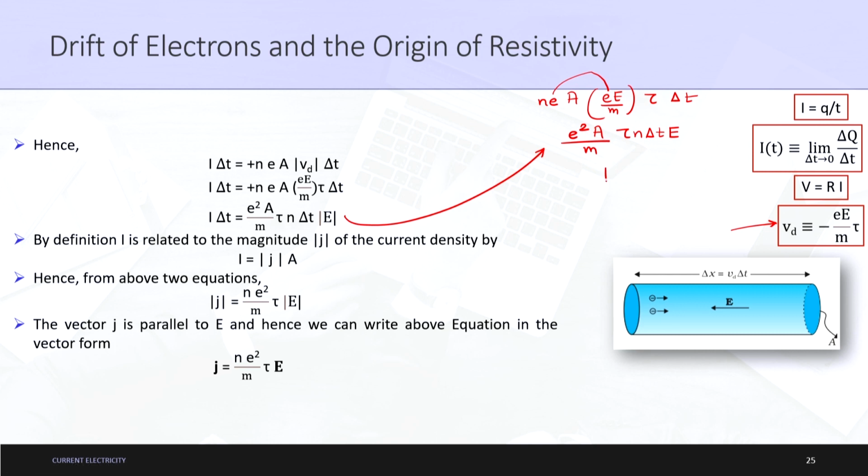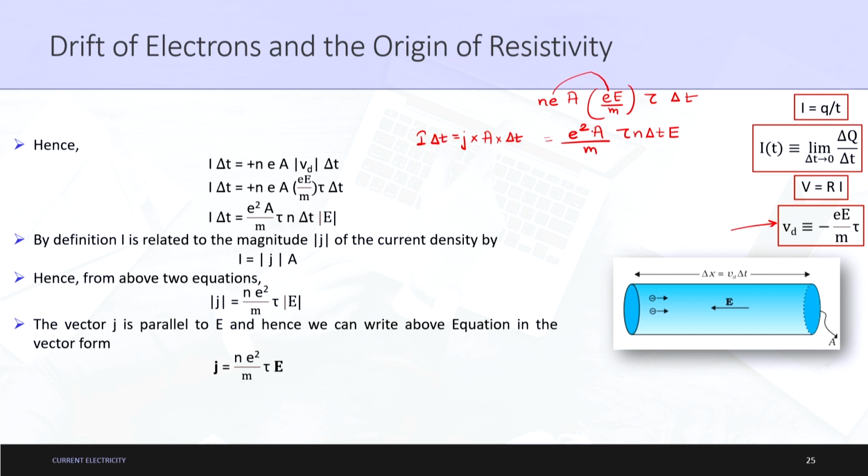From the previous concepts of Ohm's law, we understood a new concept called current density, which is nothing but the complete current divided by area A. So, if we write current in this form, I is equal to j multiplied by A. Using this equation here, we get I delta t equal to j multiplied by area multiplied by delta t.